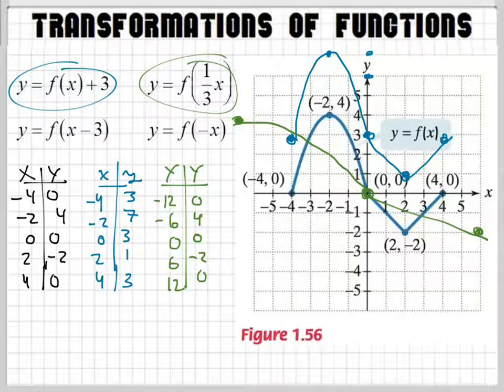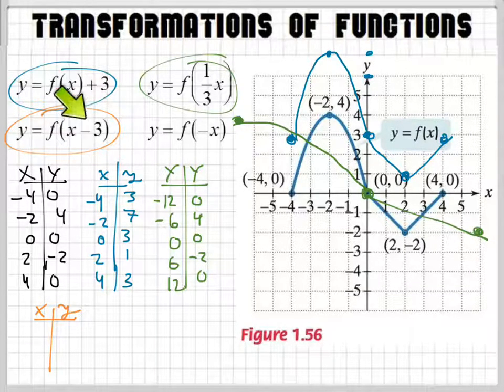Let's go ahead and do the other tables. I won't take the time to graph them this time. Okay, so for this one, if I do this again for the orange one, if it says minus 3, like it's doing it to the x, which values am I going to change on all my points? Yeah, I would change the values of the x, so the values of the y would stay the same. So we have 0, 4, 0, negative 2, and 0.